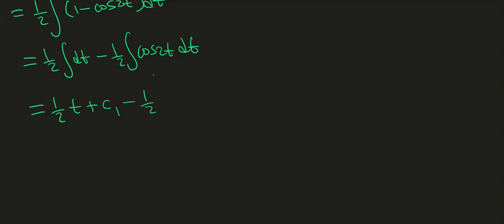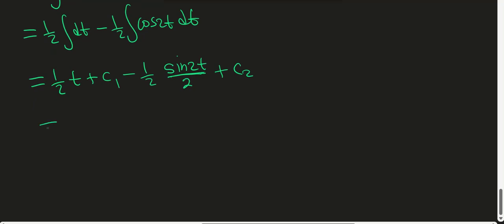If we integrate cos, it becomes sine 2t, and then we divide that by the derivative of 2t. The derivative of 2t would be 2, so we divide by 2, plus c2.